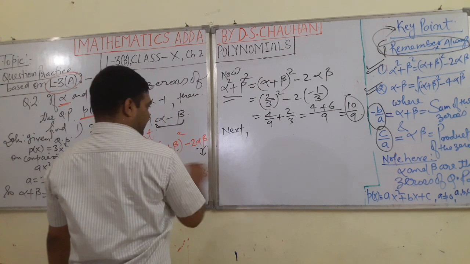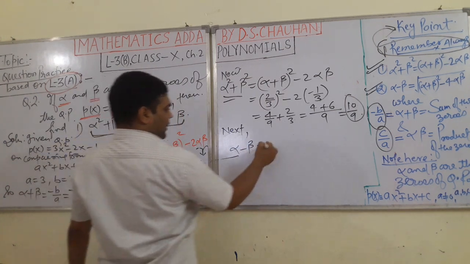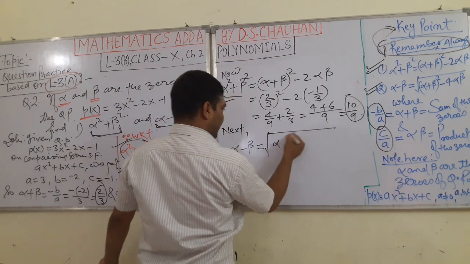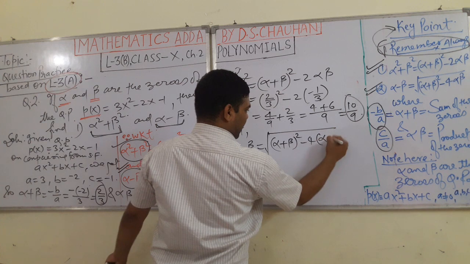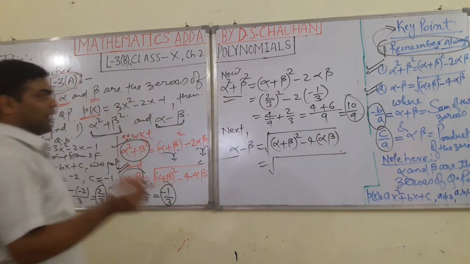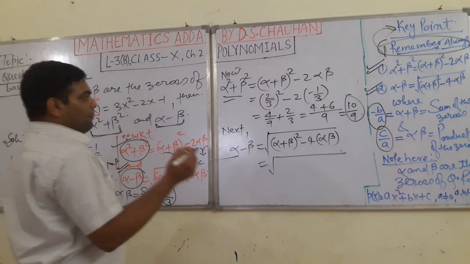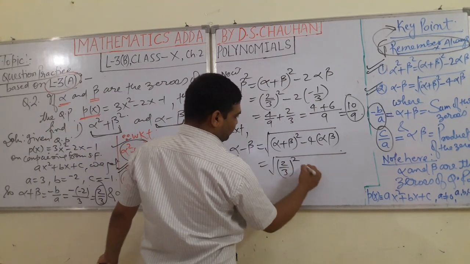students, we are going to find alpha minus beta. Since we know already, I have explained here, it is under root alpha plus beta to the whole square minus 4 alpha beta. Put the values. We know that alpha plus beta is 2 by 3, and alpha beta is minus 1 by 3. We are going to put the respective values.